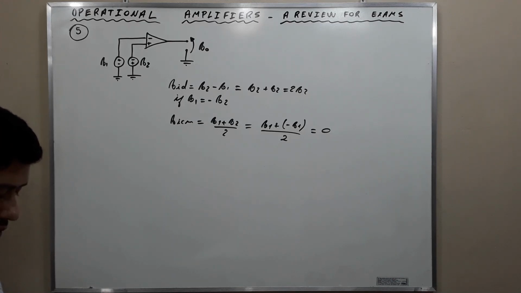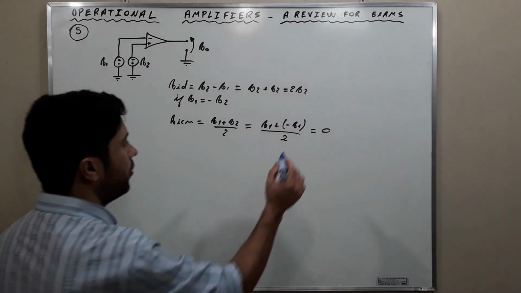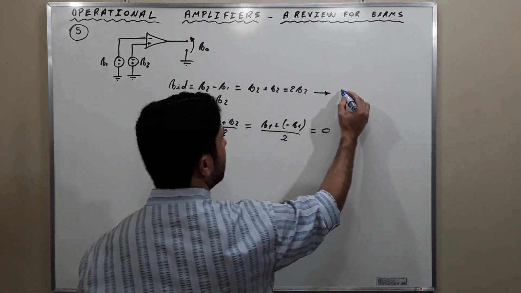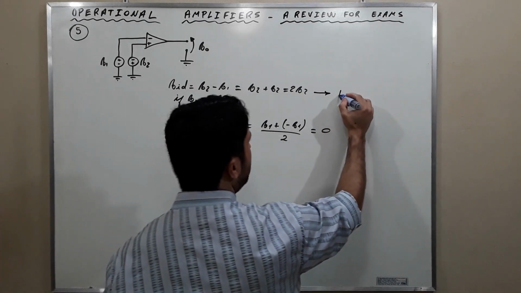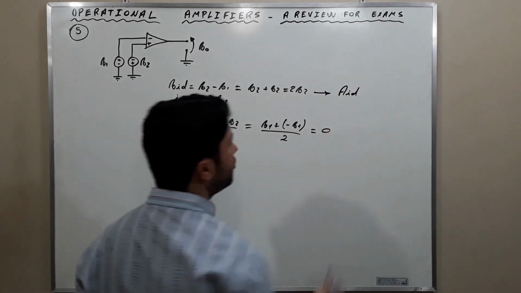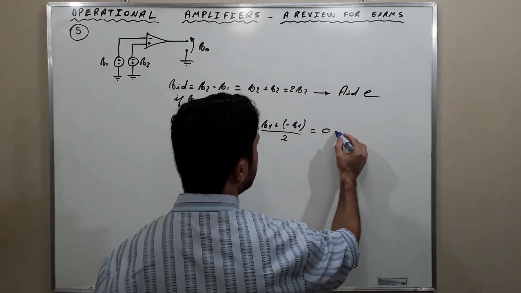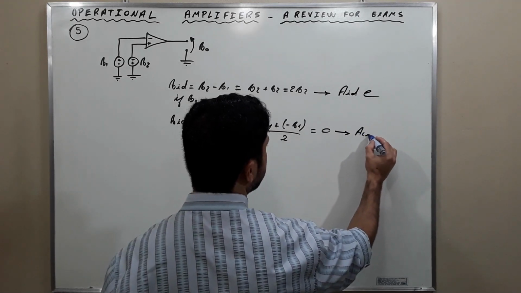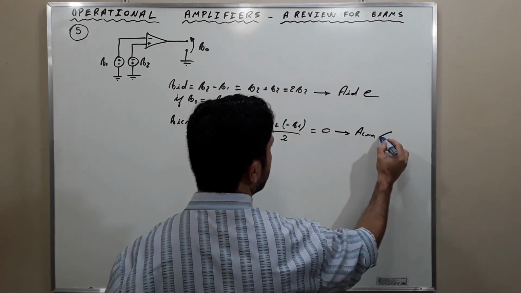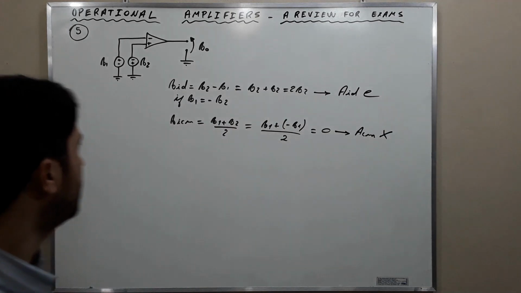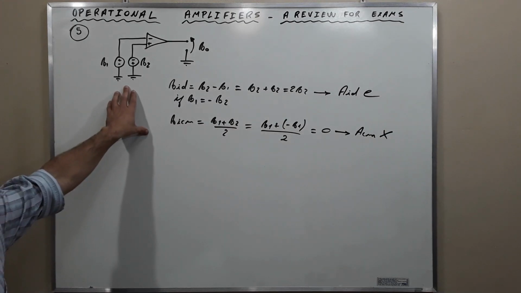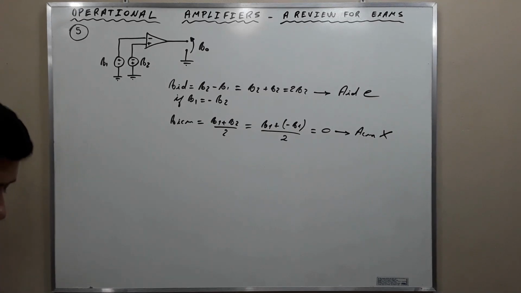And thus only the differential gain is being measured. Then from this result here, we conclude that only the differential gain is being measured. The common mode gain is not being measured when we have such a configuration. Okay, my friends, and this is all for exercise 5.